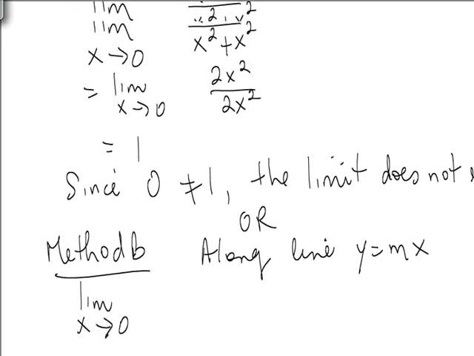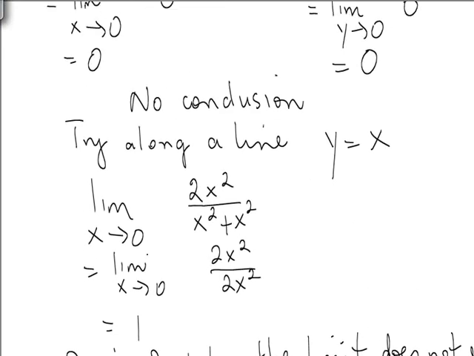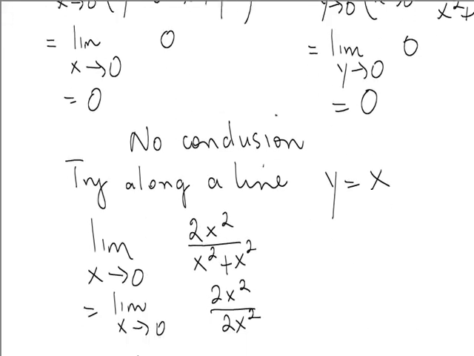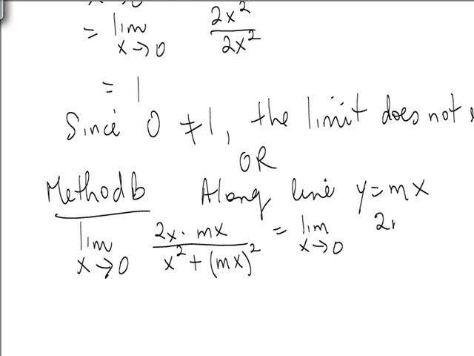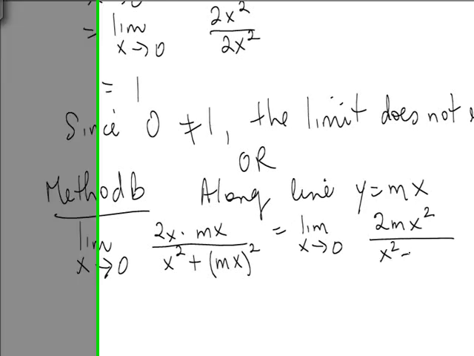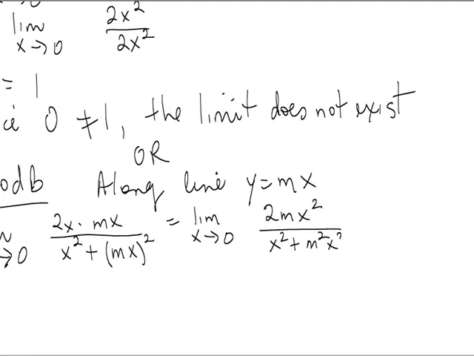What's the thing again? 2xy. So it's 2x times mx over x squared plus, so that's mx all squared, right? Simplify that. That's the limit as x approaches 0 of 2mx squared over x squared plus m squared x squared.